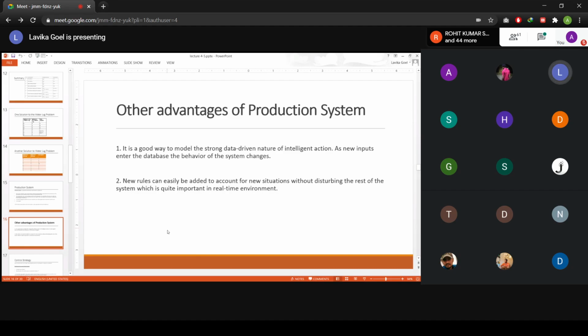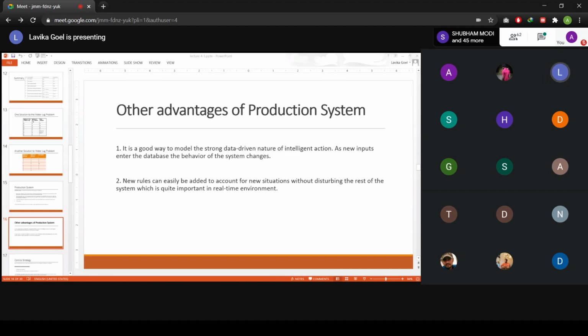Production system is basically a good way to model the data driven nature of intelligent actions. As new inputs enter the database, the behavior of the system changes. So as new inputs are entering your database, the system would behave differently based on those new inputs. Your production system can model that.